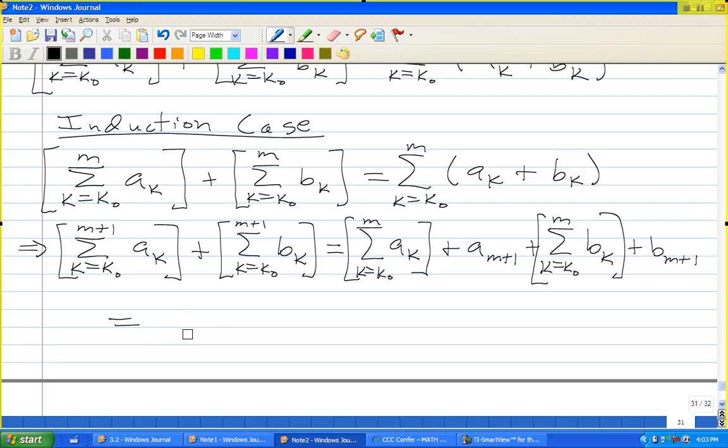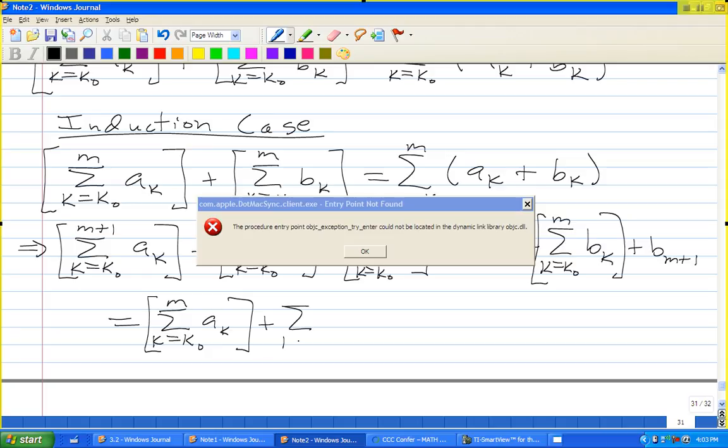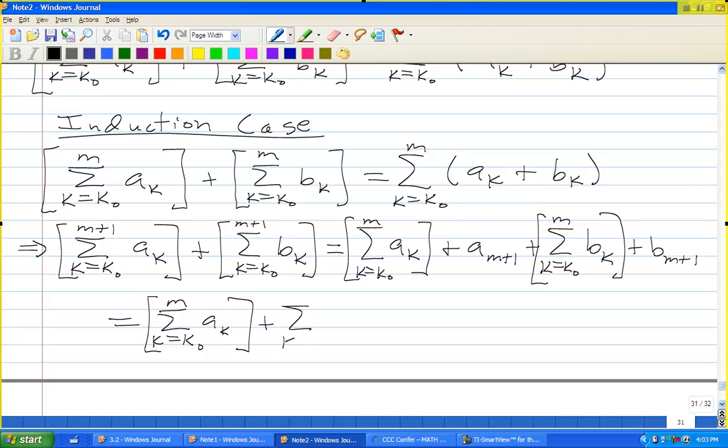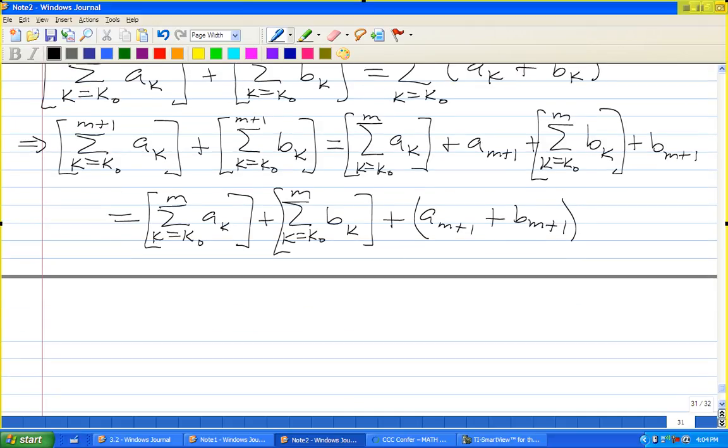So by the commutative property of addition, I have the following, plus a sub m plus 1 plus b sub m plus 1 by the commutative property for addition.